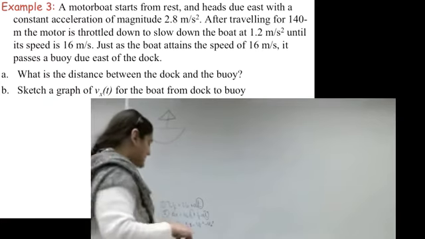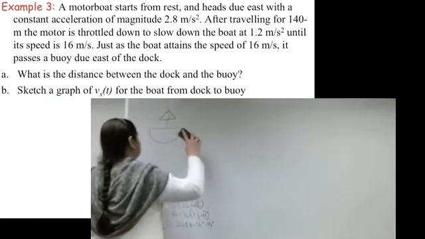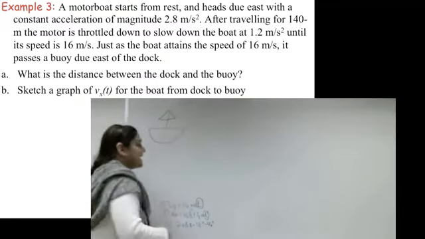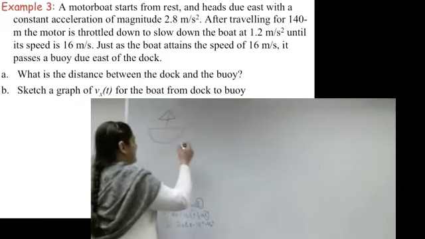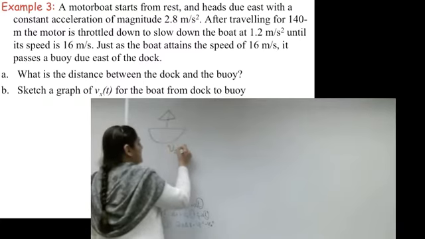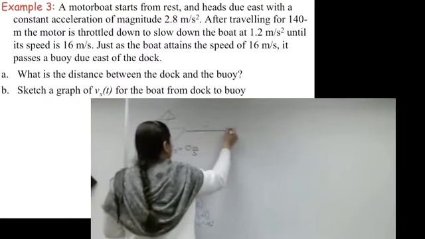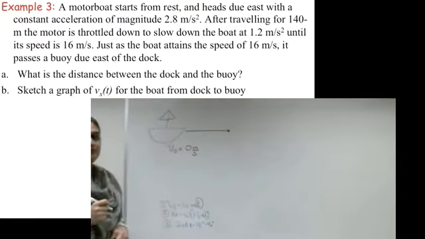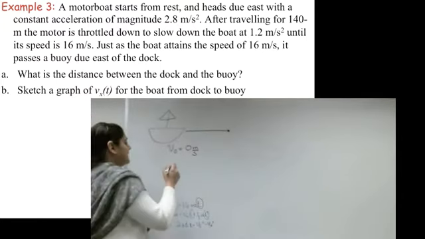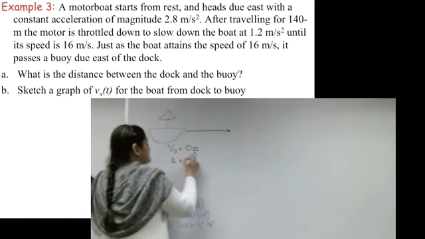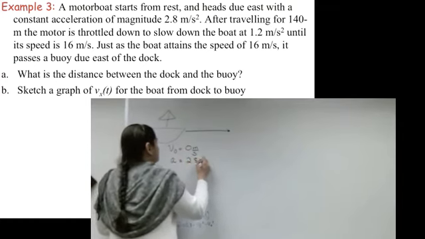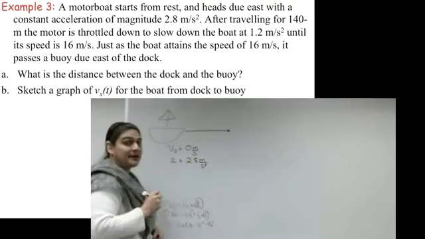It's a motorboat. So I'm just going to make it into a sailboat. It starts from rest, so that basically means V0 equals 0 meters per second. And it tells me that it heads due east, and its acceleration is 2.8 meters per second squared.